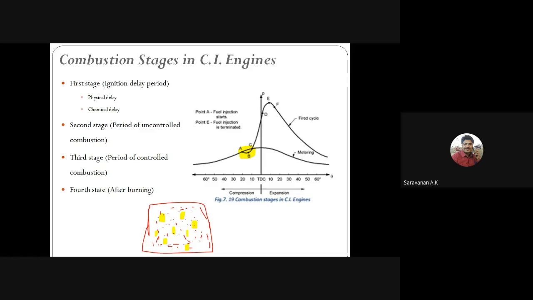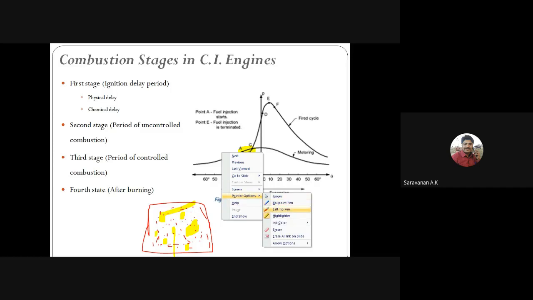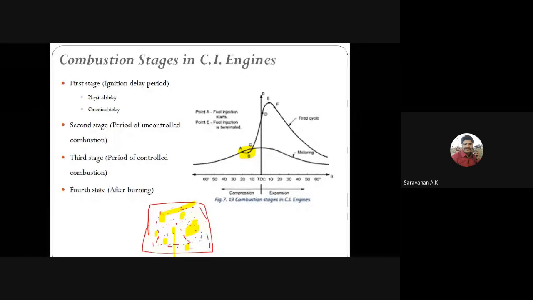In that flame appearance, what will happen? The flame has to propagate from its own appearance point. So here the flame appears, here the flame propagates, and here the flame propagates.